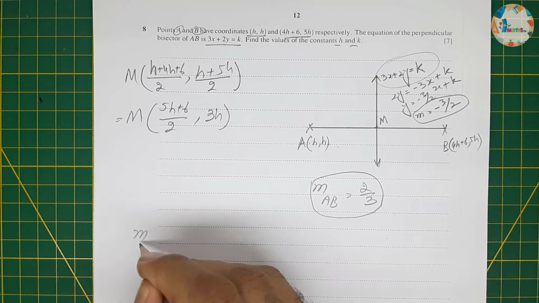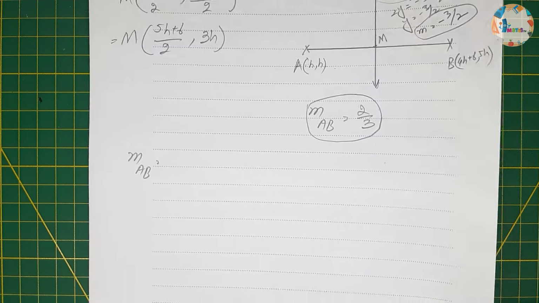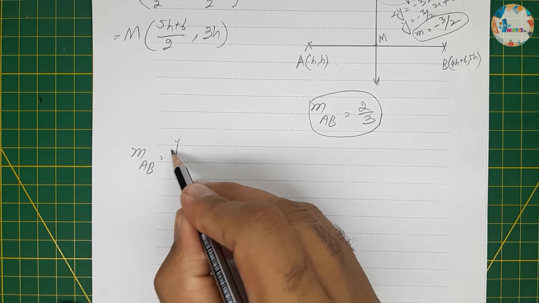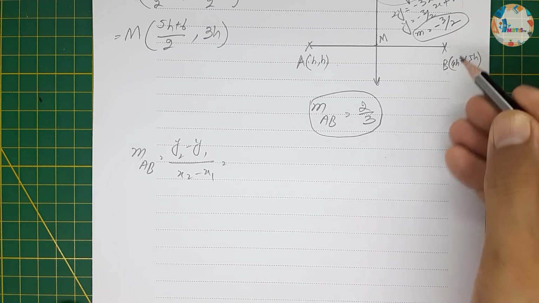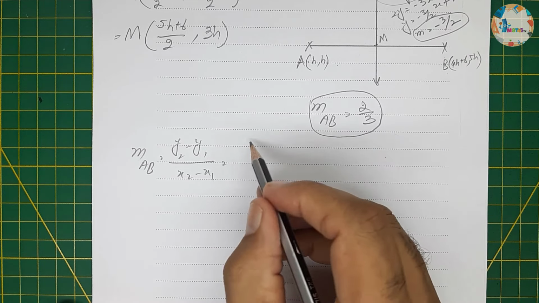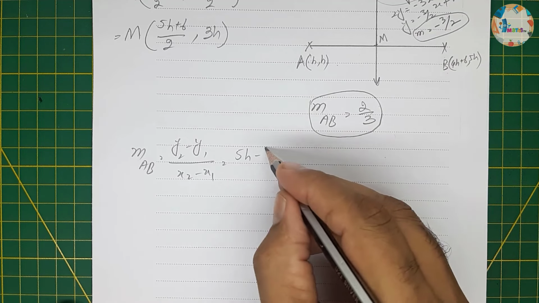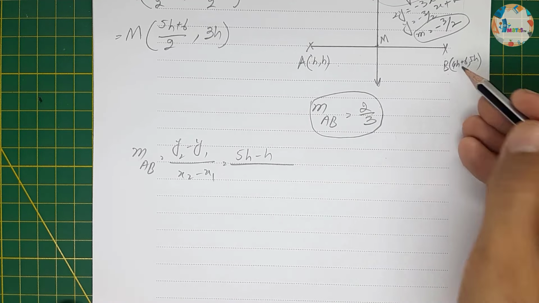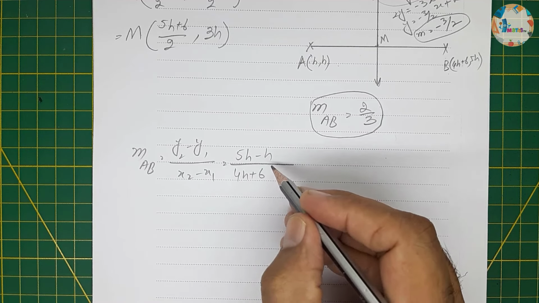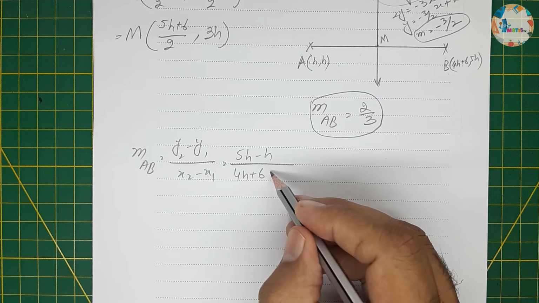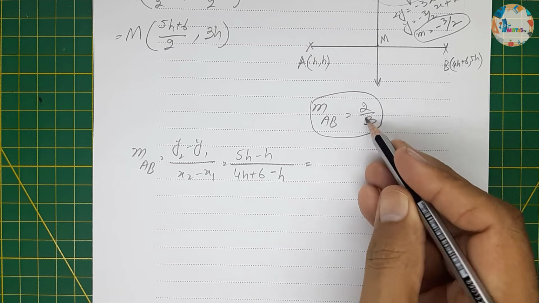So we'll write m of AB will be equal to, we'll apply the gradient formula, which is y2 minus y1 over x2 minus x1, which is equal to y2 is 5h, so we'll write 5h minus y1, which is h, over x2, which is 4h plus 6, minus x1, which is h, and we know this is equal to 2 by 3.